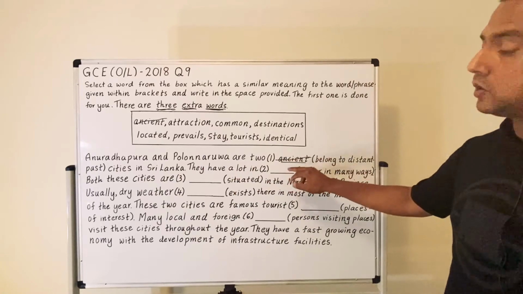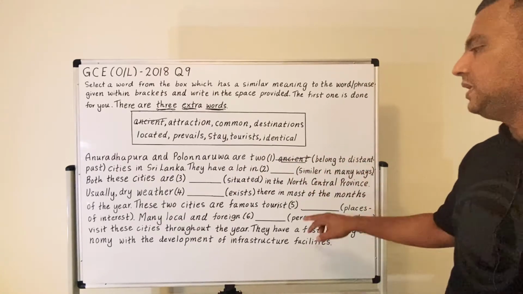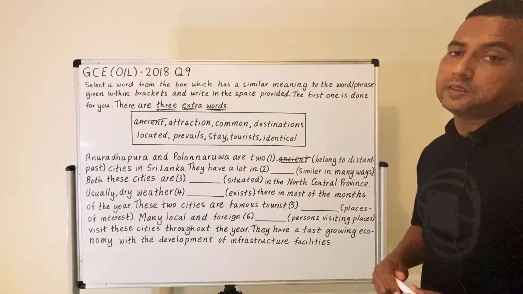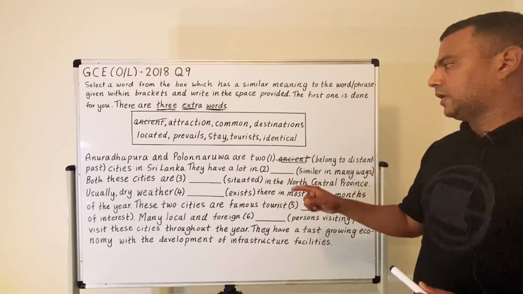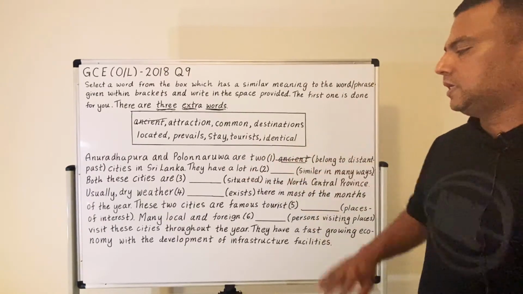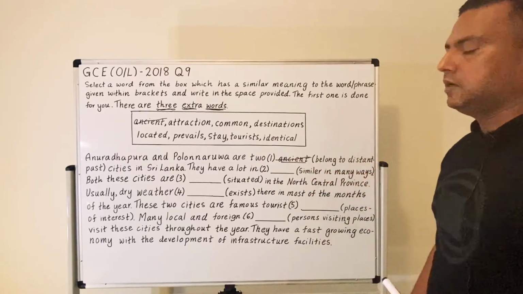So the word that has to come in the blank should have the meaning similar in many ways, both these cities. So what do you understand by that? So we'll have to find a word. So don't think of the blank and the passage much, since we have the description in the bracket.